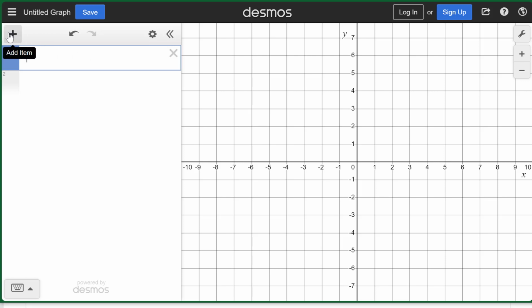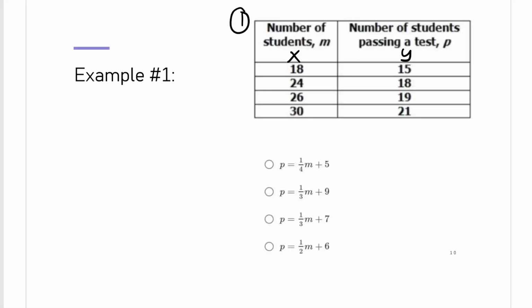Now click the plus sign. Then table. Ahora escribe los números del problema.